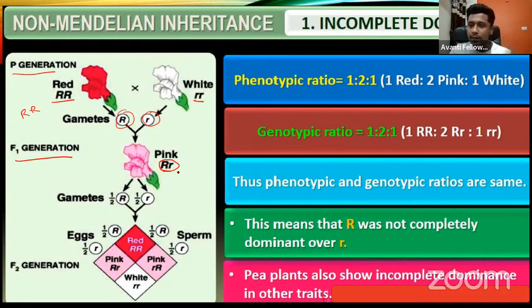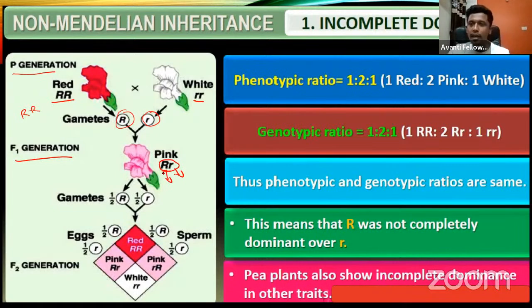According to Mendel's monohybrid cross, we should get red flowers, right? But here in the F1 generation, the pink flower started appearing. So what does it suggest? It suggests that whenever we have a capital R and small r, that means the two alleles are together in a heterozygous condition, neither of the alleles will dominate completely over the other.